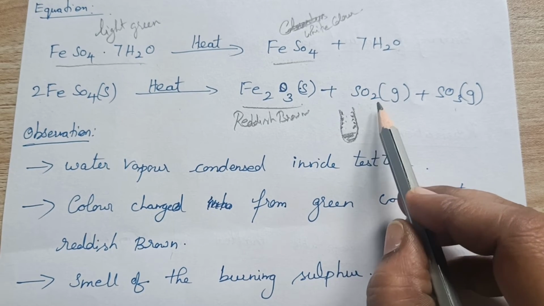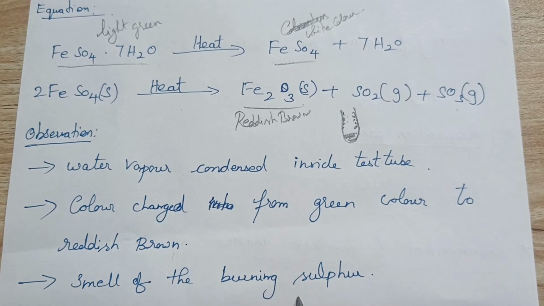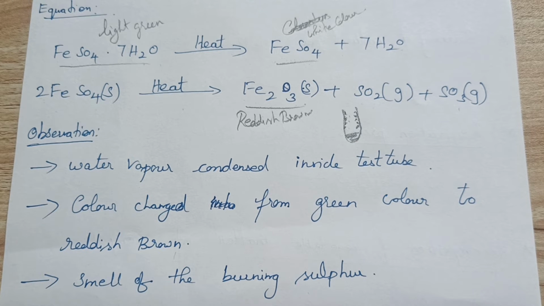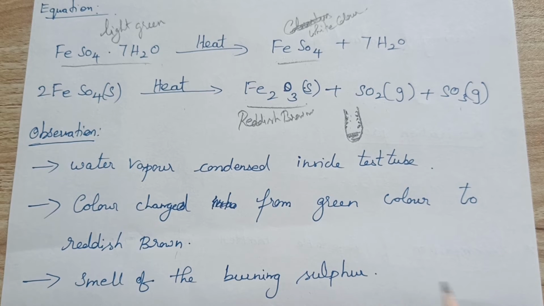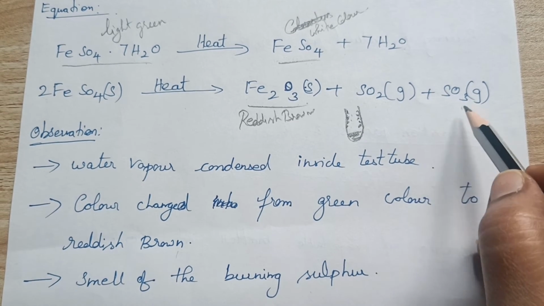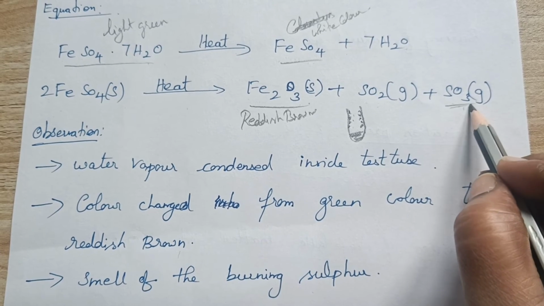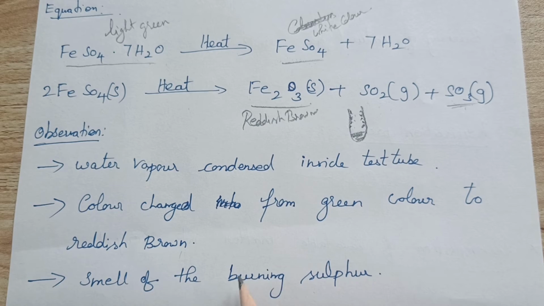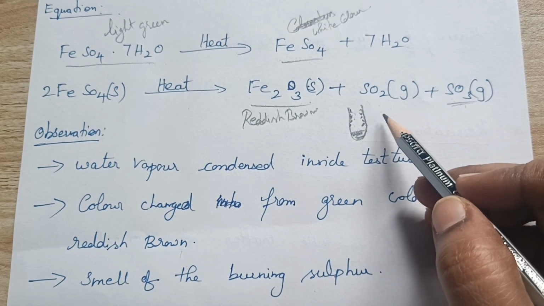This gas has a smell. The burning of sulfur is like the burning of a matchstick. If you burn a matchstick, you get some smell. That smell is the burning of sulfur. And sulfur trioxide is odorless and colorless. Sulfur dioxide, you will get the smell. Don't inhale it directly.